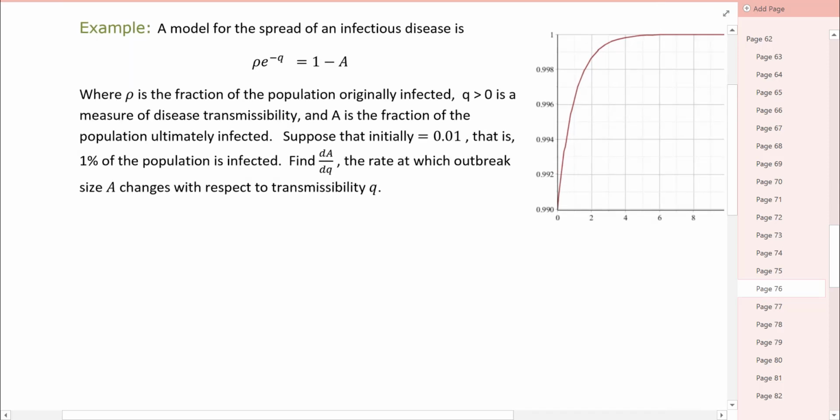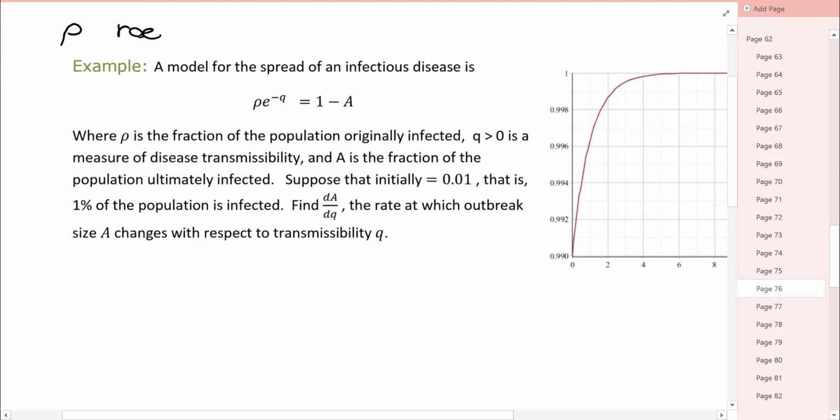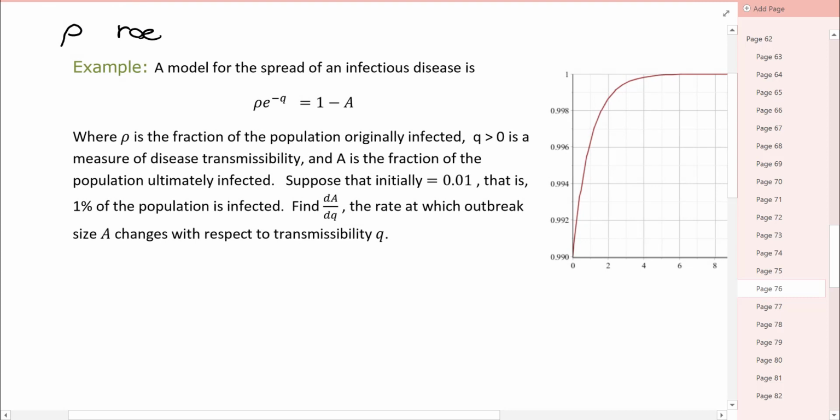Okay, a model for the spread of an infectious disease is rho. That's rho, it's just a Greek letter. E to the minus Q equals 1 minus A, where rho is the fraction of the population originally infected. Q is greater than 0 as a measure of the disease transmissibility, and A is a fraction of the population ultimately infected.